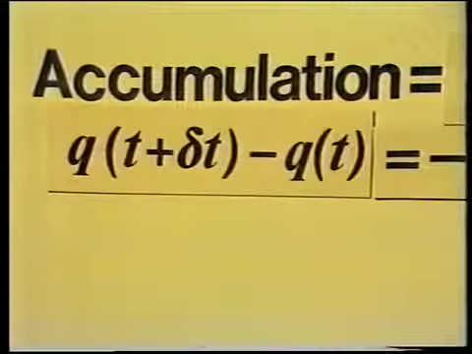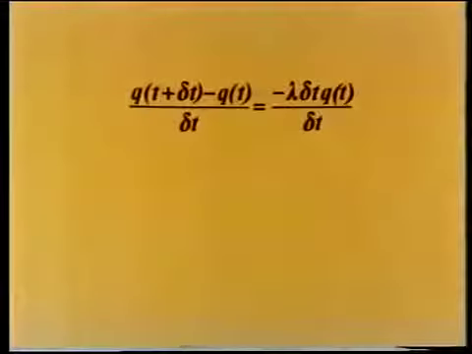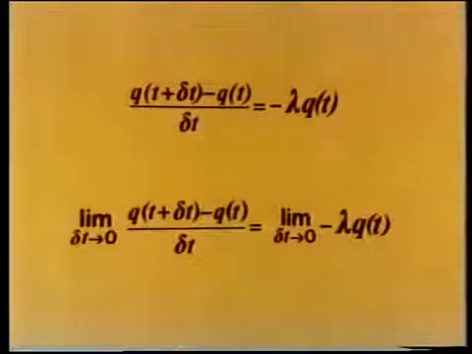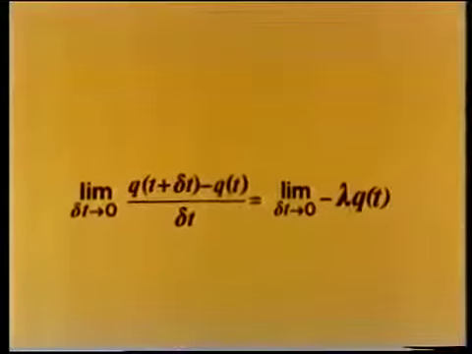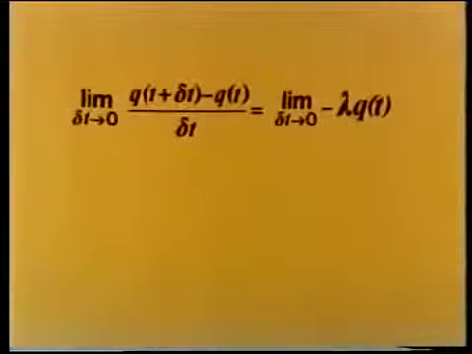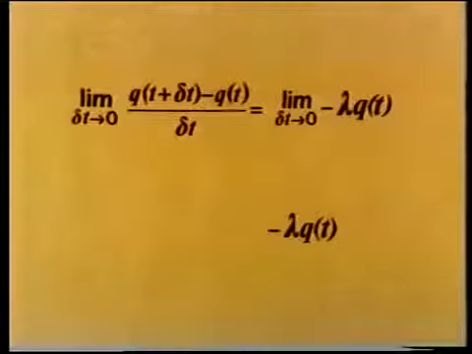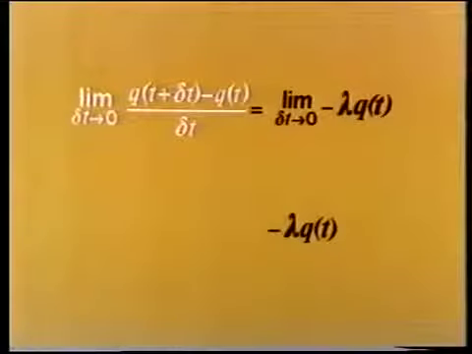To make it more like a derivative, let's divide both sides of the equation by delta t. Then the right-hand side will simplify like this. Now, to complete the process, we'll take the limit as delta t goes to 0. The right-hand side is unaffected because there's no delta t in it now. And the left-hand side just becomes the derivative of q.